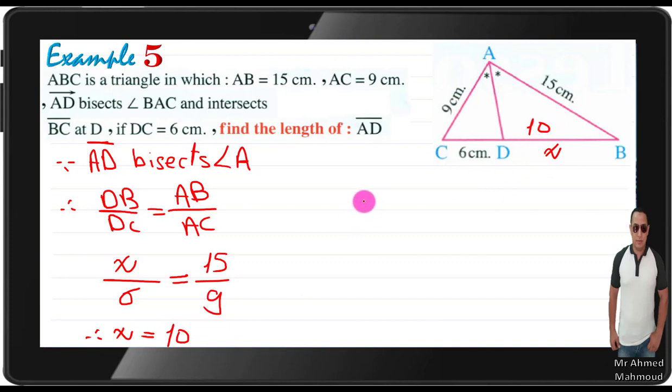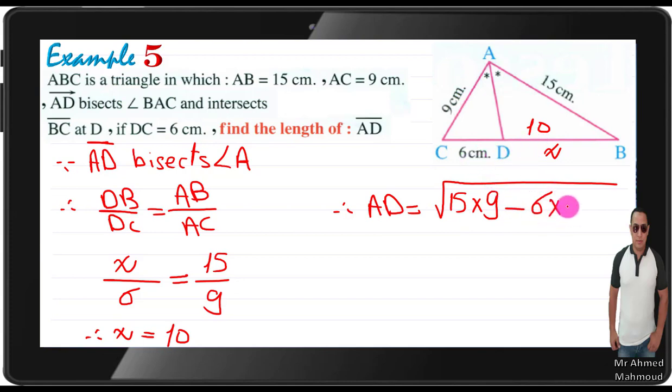Therefore AD equals the square root of the two big parts minus the two small parts: 15 times 9 minus 6 times 10. It equals 8.66 by using the calculator. The next question.